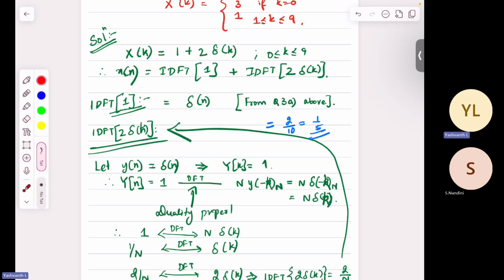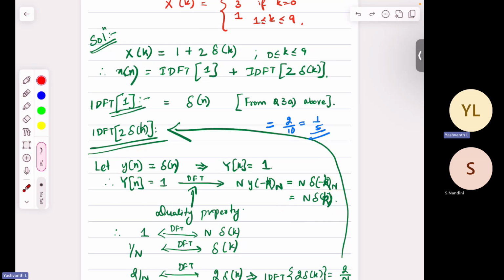That's basically the duality property of the discrete Fourier transform. Now, what is y of minus k? That is delta of minus k. So N times delta of minus k modulo N. But the delta function is an even function, so it is the same as N times delta of k. Okay, so basically we have applied the duality property.